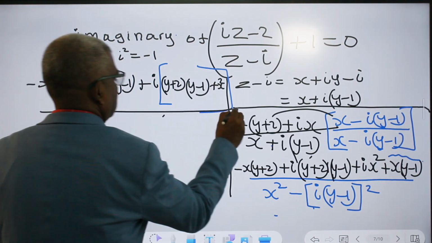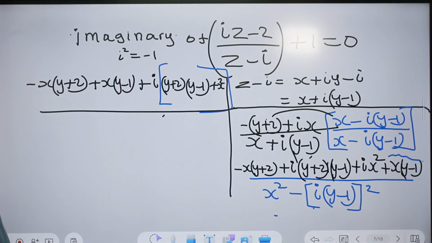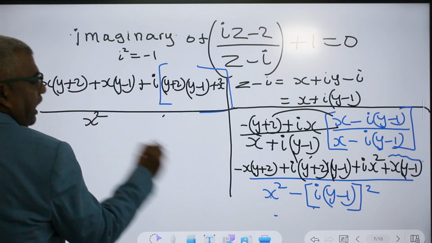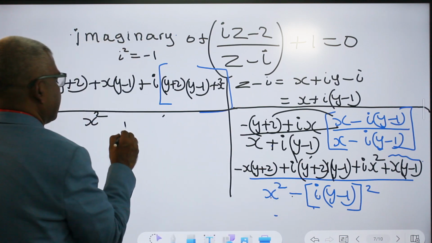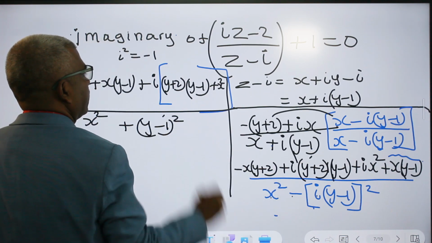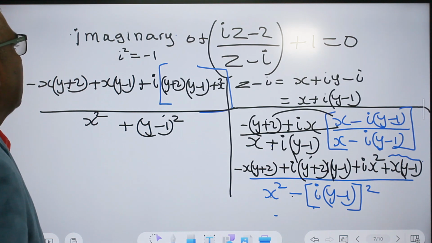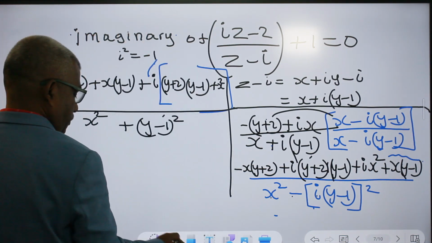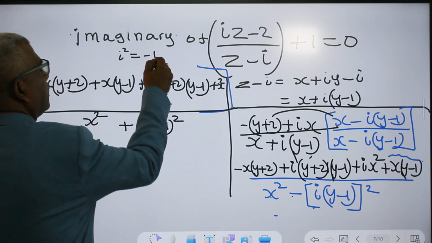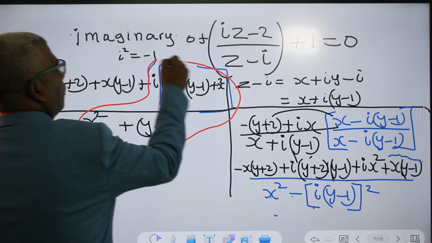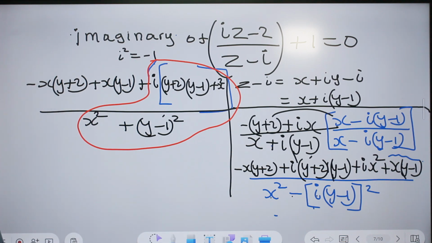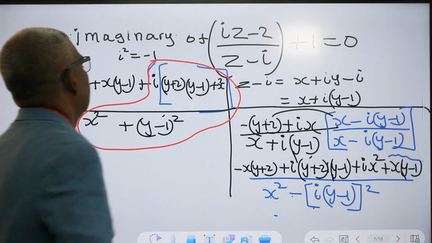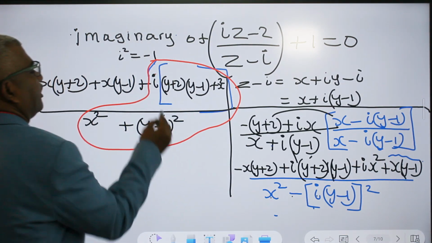Divided by x squared, and i squared will be minus 1, minus minus is plus, (y minus 1) whole squared. Okay, so now imaginary part means we have to take only this part, and we have to remove the i also.